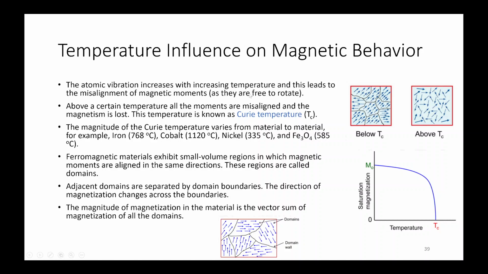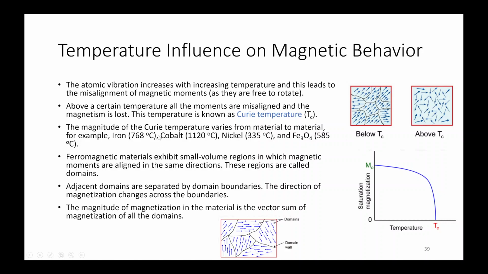As they are free to rotate above a certain temperature, all the moments are misaligned as shown, and the magnetism is lost. This temperature is known as Curie temperature. Tc is its symbol. Now the magnitude of Curie temperature varies from material to material.